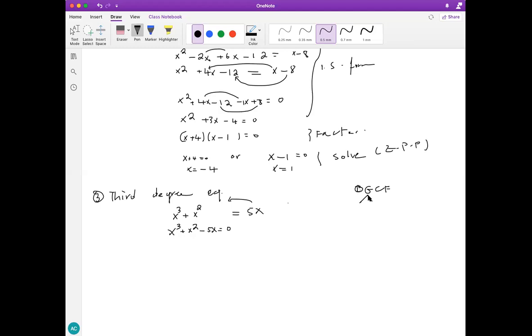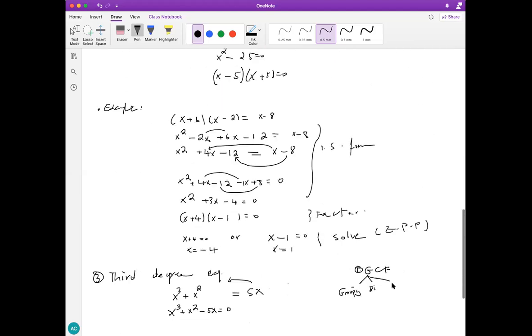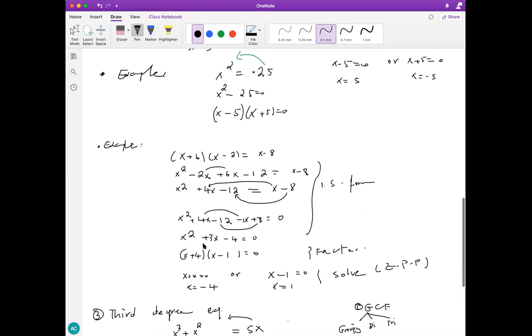After this, depending on the expression, you could try grouping. You could try binomial factoring if it's a binomial, like difference of 2 squares, what we saw earlier. If it's a trinomial, then you try trinomial factoring. Basically, what we did here is trinomial factoring.